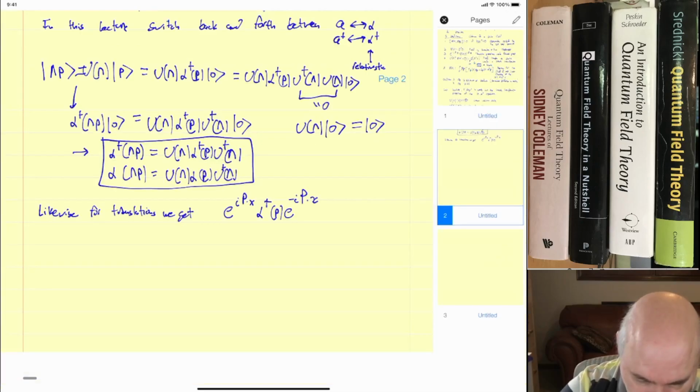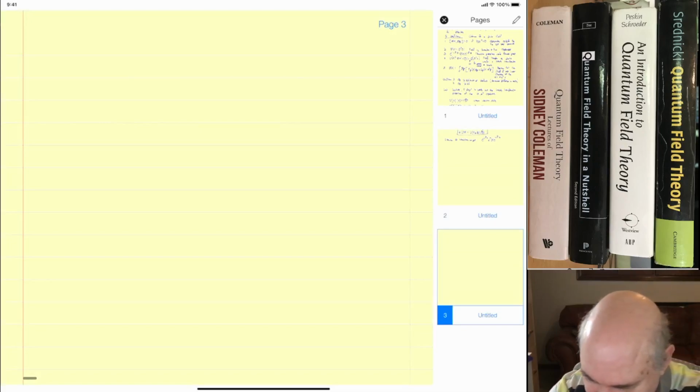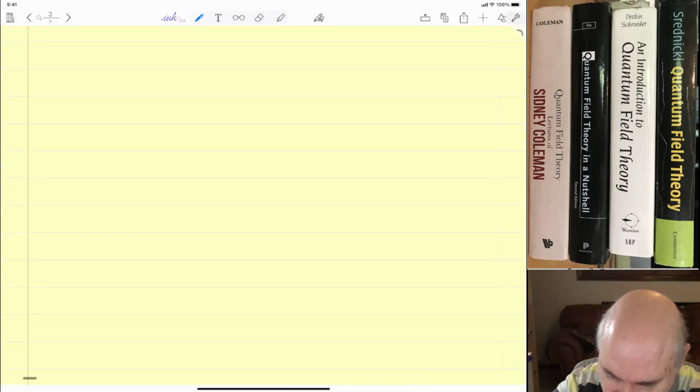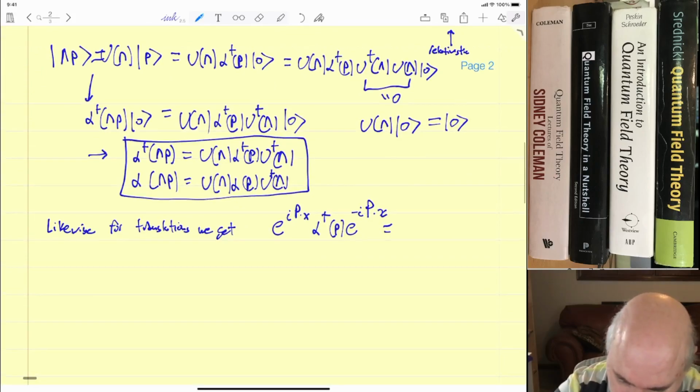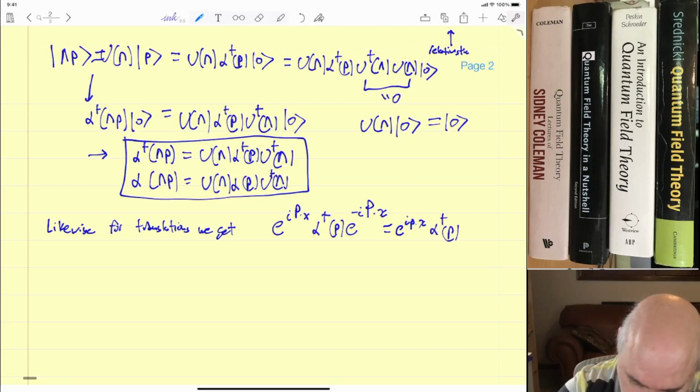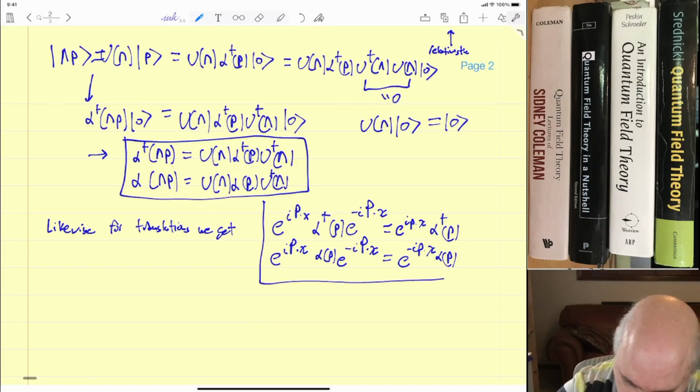The large P's are operators, momentum operators, which is equal to e to the i p dot x alpha dagger p, where the small p's are actually just momentum vectors. And in the same way for the annihilation operator. I'm going to box these as well.